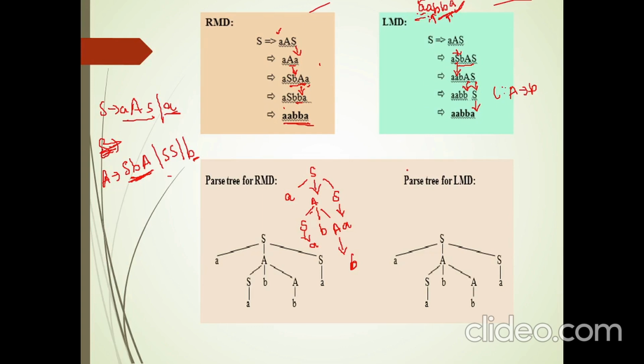So the right production for A to get the A character is S B A. Now S can give you A, finally A can give you B, and finally A. So this is how you can obtain a parse tree.